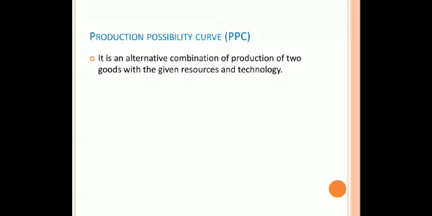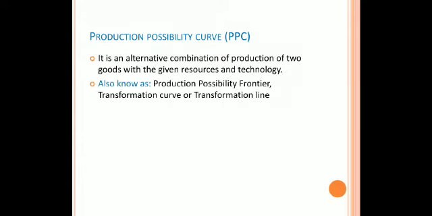It means the production possibility curve is drawn on the basis of two goods, with the resources the same and no change in technology. It is also known as production possibility frontier, transformation curve, transformation line, and so on.